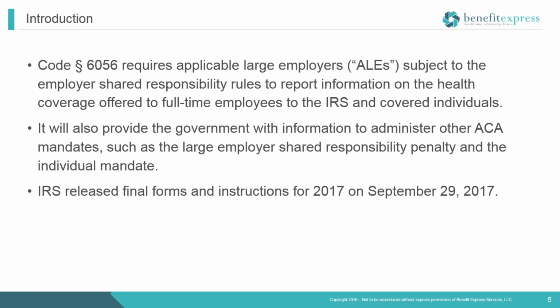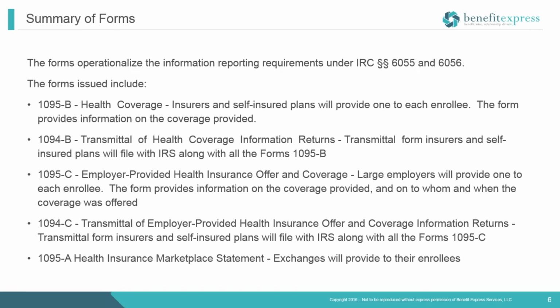All right. Now for 2017, as the slide indicates, the 2017 forms were released on December 29, 2017. Now these are all the forms that apply in this situation. We've gone through the 1095B and 1094B, and again, that's for the individual mandate purposes.